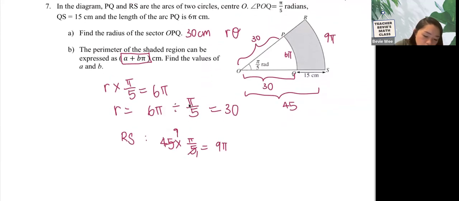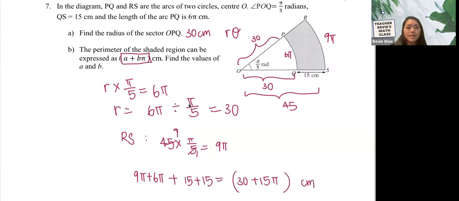So your perimeter will be 9 pi plus 6 pi plus 15 plus 15. Don't forget about your two sides. I will get 30 plus 15 pi. Just leave it as this exact form.